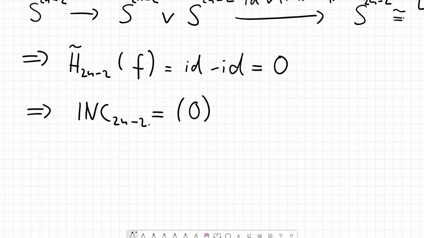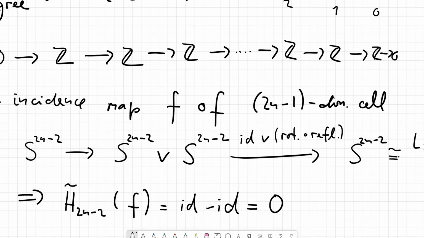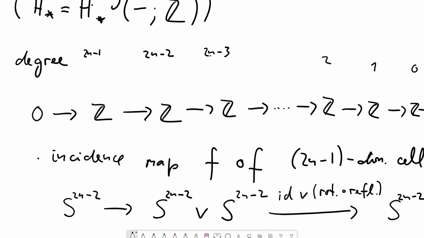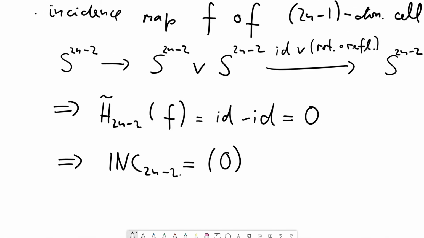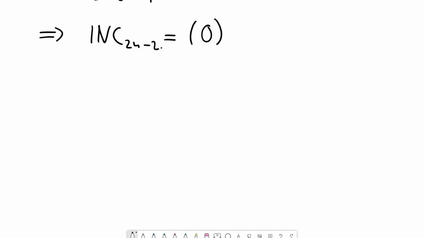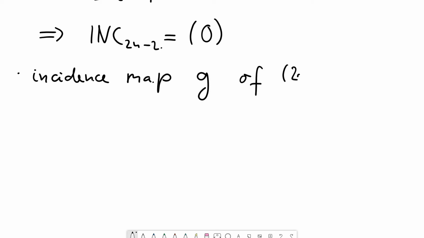Okay. So let's put this in the chain complex. This first one here is just the 0 map. And now the second one. Let's call this the incidence map, corresponding to the attached 2n minus 2-dimensional cell. This is actually almost a bit easier to understand.